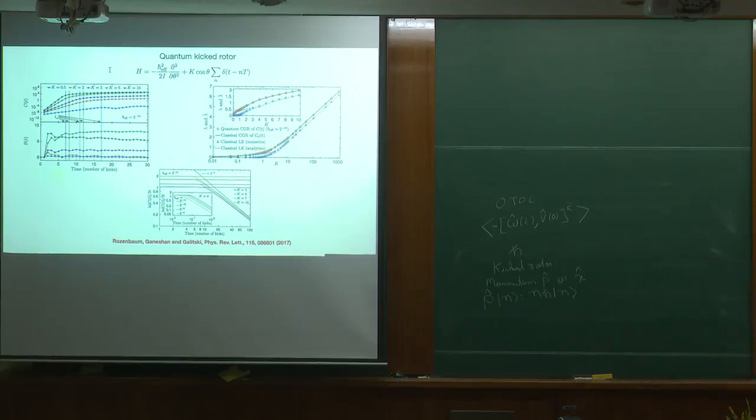Now what we also saw was that one of the consequences of having a non-zero h bar is the existence of this time scale called the Ehrenfest time. And the Ehrenfest time is basically the time scale over which a wave packet that you have created in order to mimic a classical state or a classical phase space point spreads because of the corresponding classical chaotic dynamics.